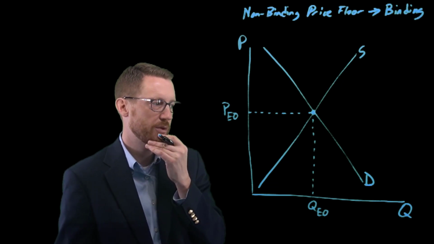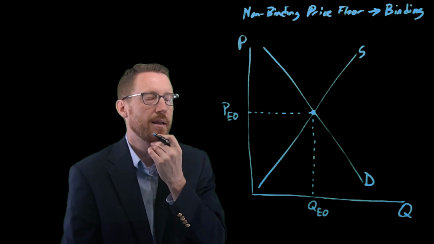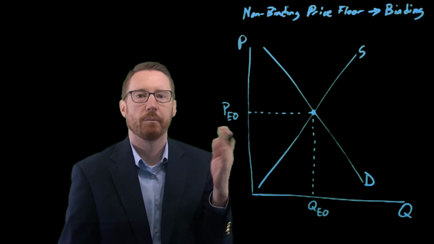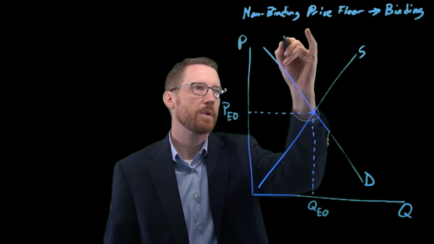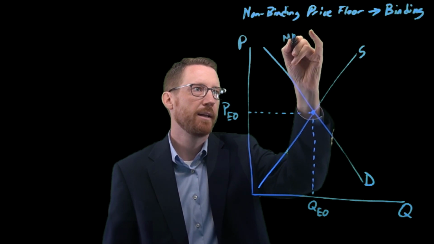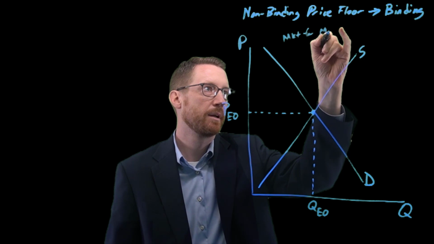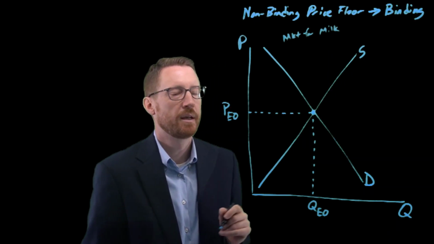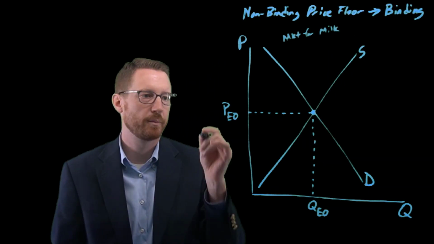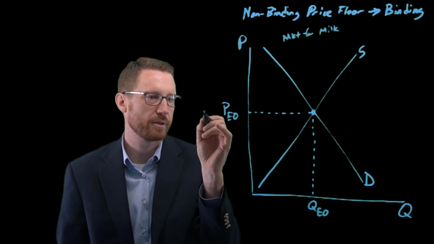So let's suppose that this is something like the market for milk. And suppose that the price of milk is like $5.